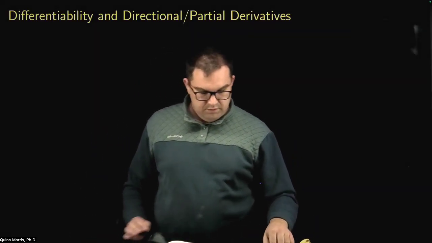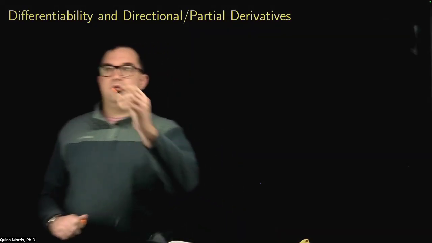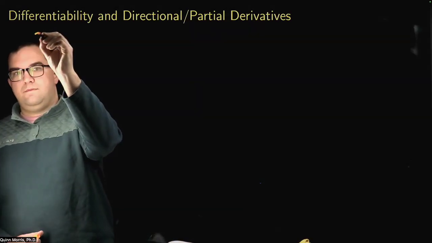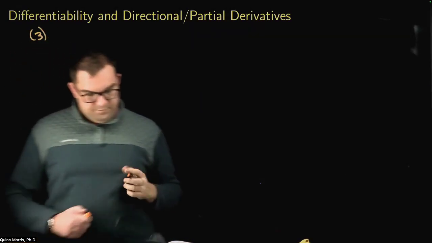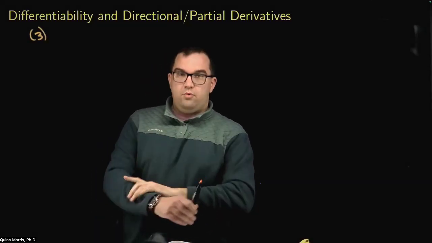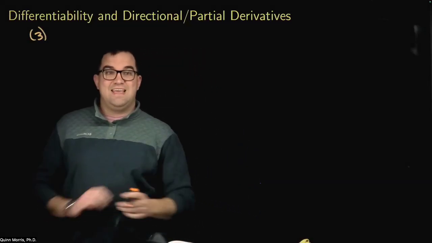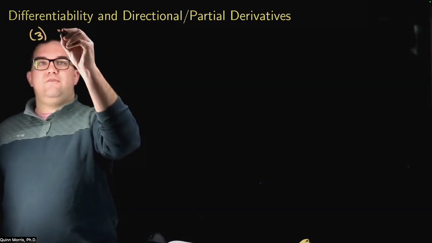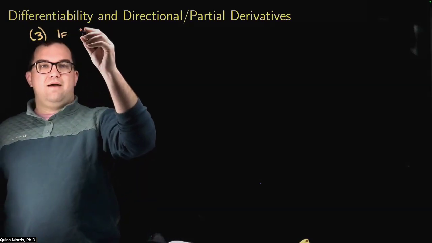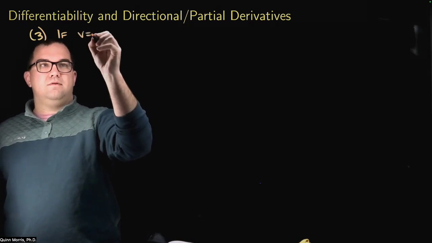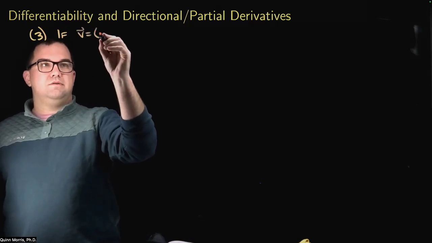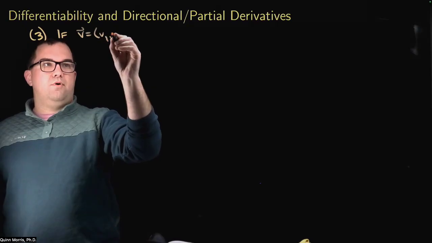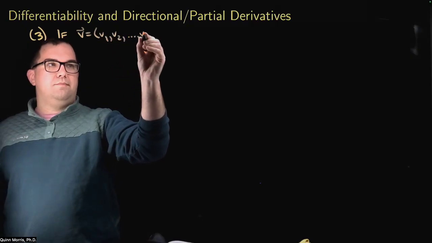All right. So now skipping to 3. Here we're going to make use of the linearity of that total derivative. Say we have a vector v, which is made up of components v1, v2, all the way up to vn.